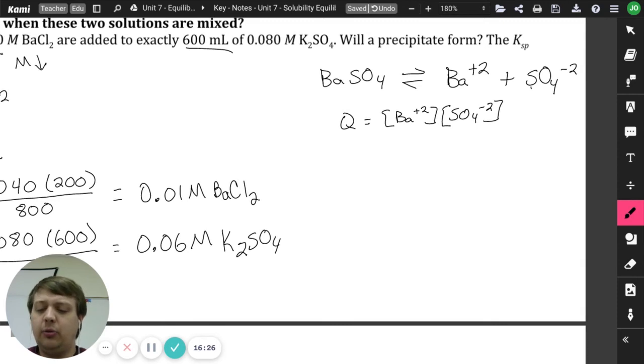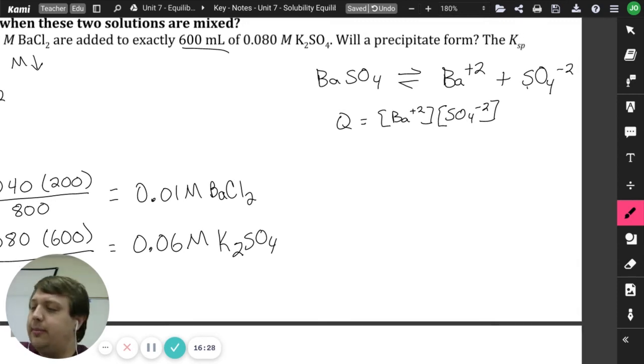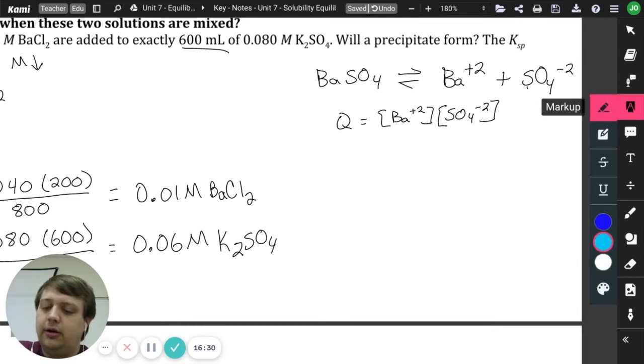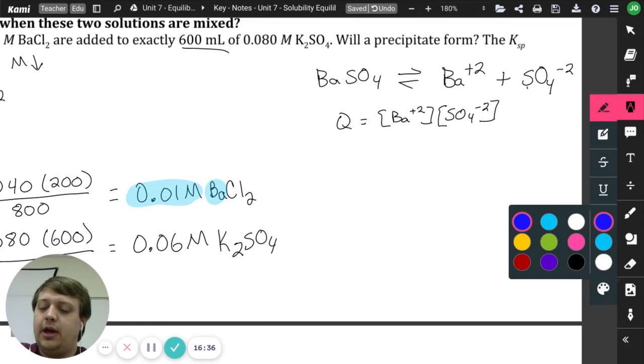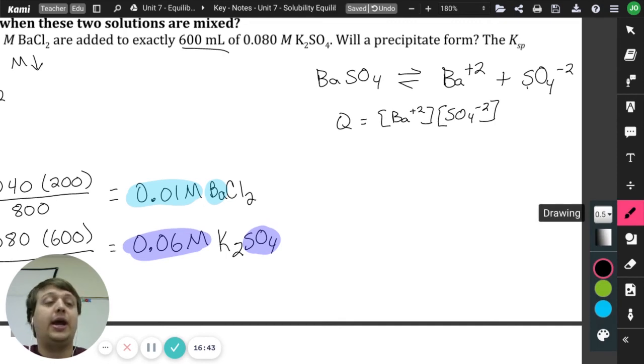And I need to know what I've got. Well, looking at my initial over here, for barium, there's one barium for that concentration, right? And for my sulfate, there's one sulfate in that concentration. So I can just go ahead and use those concentrations as my concentrations over here in my Q expression.